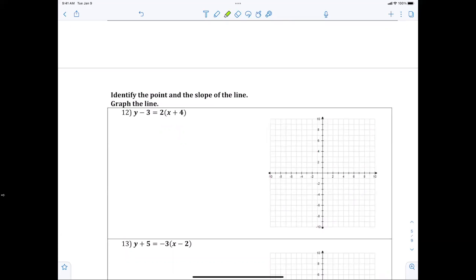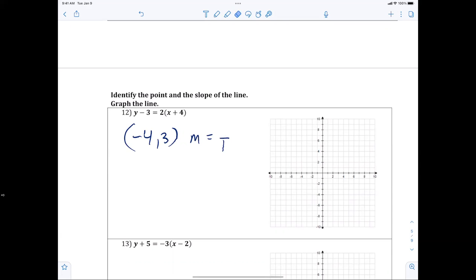You are amazing, buddy. That is correct. -4, 3, and then what's the slope? m equals 2 over 1. You are amazing. 2 over 1.